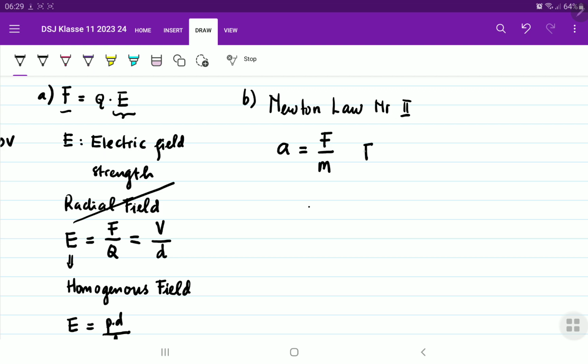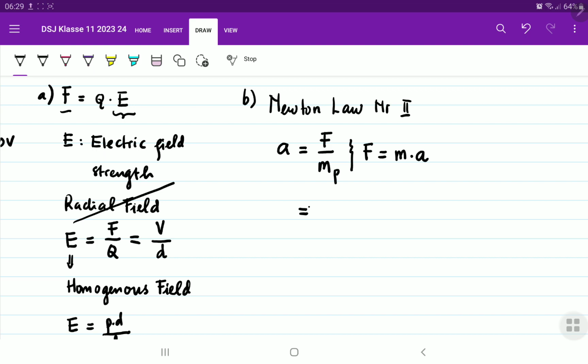Usually we know the formula as F, the resultant force, equals the mass times the acceleration. Now, we know the mass of the particle.